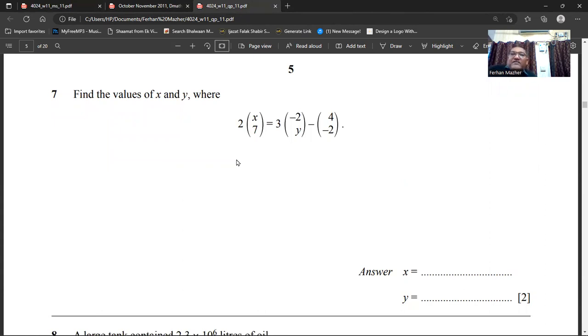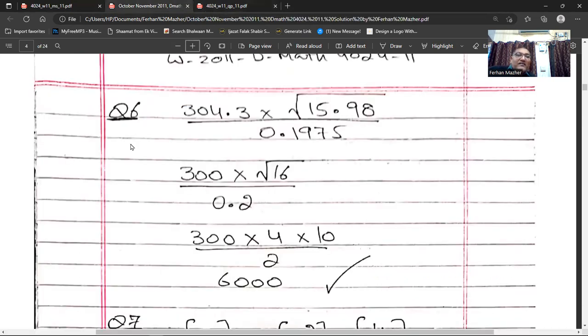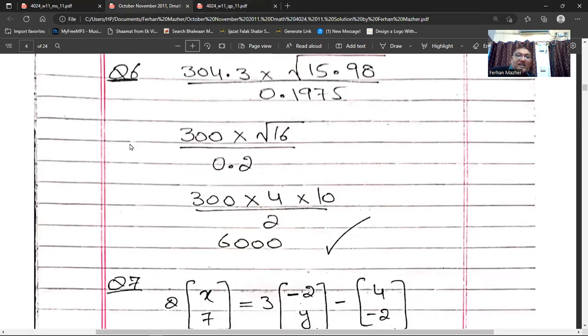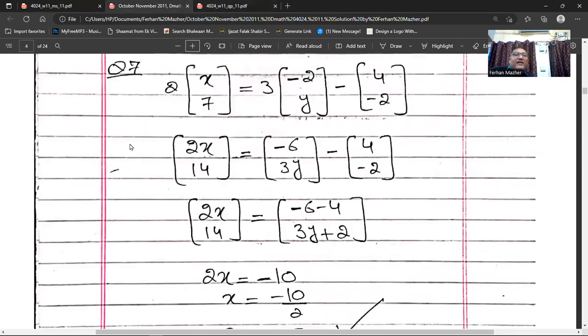You have to find the value of x and y. So we will multiply this 2 with this matrix, this 3 with this matrix, then we will subtract these, then we will compare, and from there I can find the value of x and y.